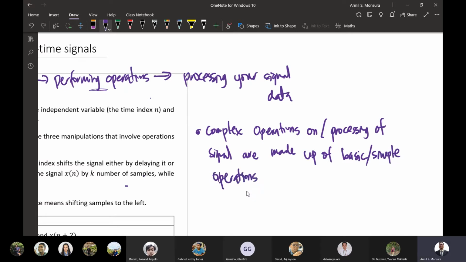So pag yung mga basic and simple operations pinagsama-sama nyo in a certain fashion, in a certain manner, makakabuo kayo ng mga complex operations or complex processing of your signals. Okay, so it all boils down to the fundamental, basic operations na pwede natin gawin sa signal o sa data natin. Okay, naintindihan ba yun?